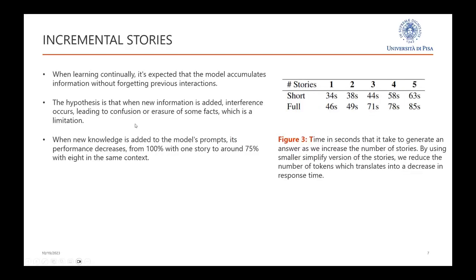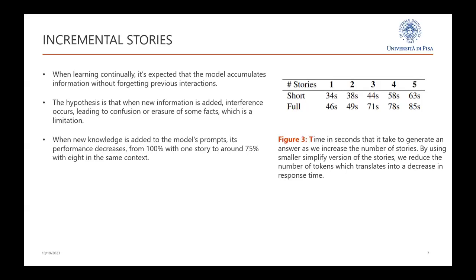But what happens when we introduce these facts continually within a single context? We have one context, and we continuously add different stories with different questions. The performance starts well, but as it goes on, the performance tends to degrade.